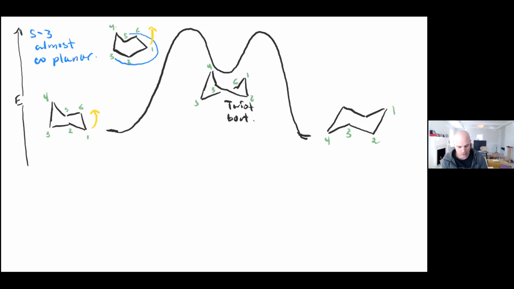Okay, and then I start pulling C4 down, and when I pull about halfway, I'm going to get to that half chair.